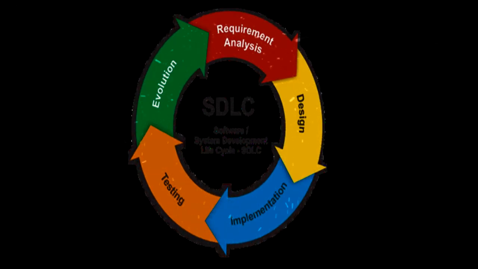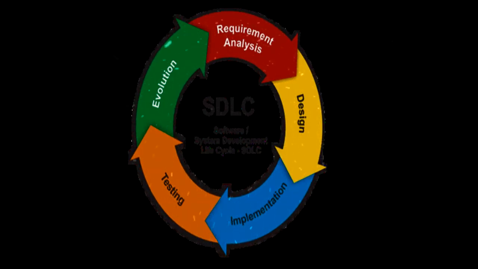Stage 6, deployment in the market and maintenance. Once the product is tested and ready to be deployed, it is released formally in the appropriate market. Sometimes product deployment happens in stages as per the business strategy of that organization.